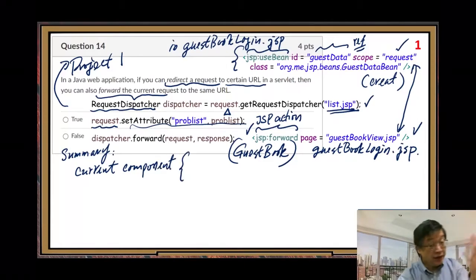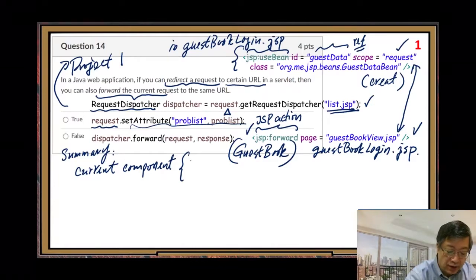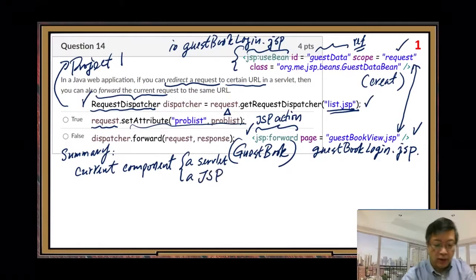So there are two cases for the current component. First, it is a servlet. Second, it is a JSP. So that's the starting point, the current component.